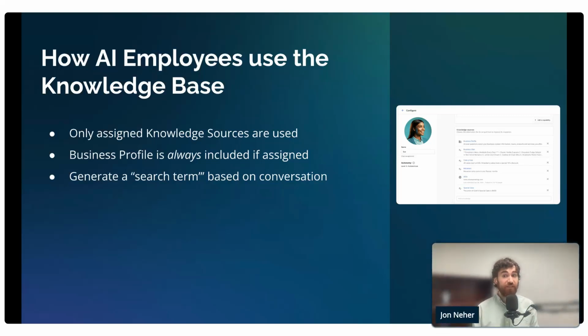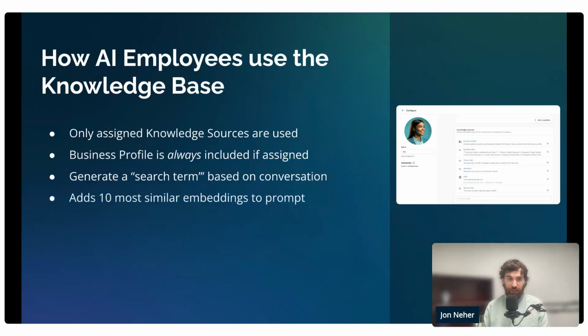So if someone asks, "Hey, what time do you close on weekends?" the system is going to distill that down to hours and weekend for a search. We then do a really fancy vector search across all of those embedding snippets we've generated from the content. We find the 10 most similar or relevant results, and then we add them to the AI employee's prompt.